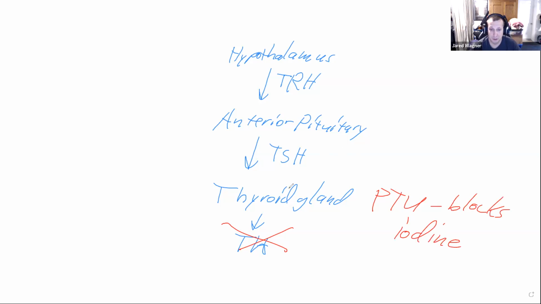If we surgically remove the thyroid gland, once again, we'll still make TRH and TSH, but we can't make thyroid hormone. If we surgically remove the anterior pituitary, we can't make TSH, which can't stimulate the thyroid gland. So that means we can't make TH, thyroid hormone, things like that.